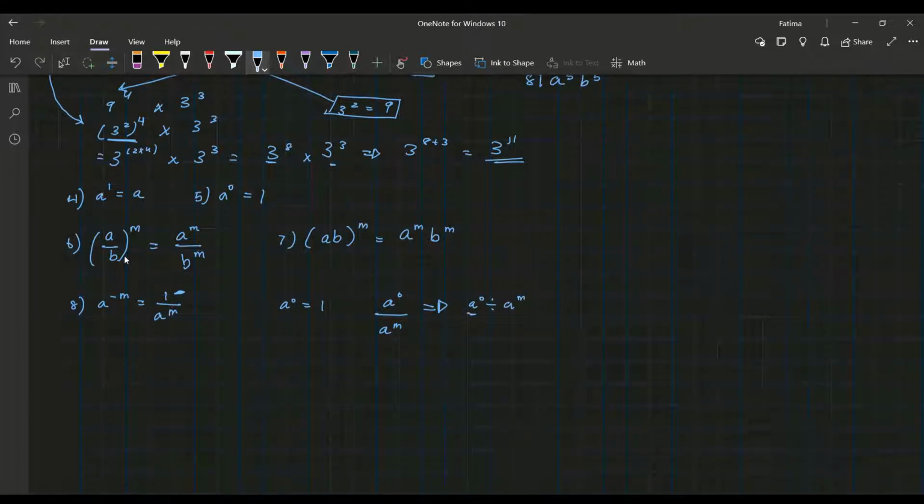And because the bases are the same, if I apply the division indices rule, which I've mentioned above, essentially what you're supposed to do is a to the power 0 minus m, and that will give you a to the power minus m. We know that over here a to the power 0 is equal to 1, so basically I wrote 1 upon a to the power m, and that's why a to the power minus m is equal to 1 upon a to the power m.